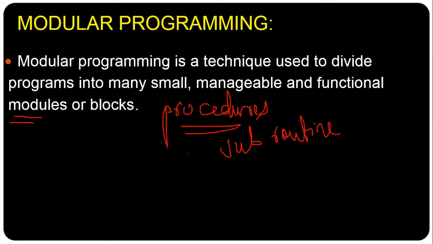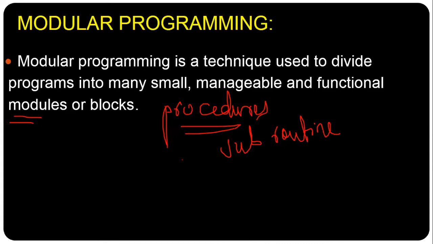So once a code is divided into small units, we don't have to concentrate on the whole code. We just concentrate on those modules. And the advantage in modular programming is, any module can be tested independently.